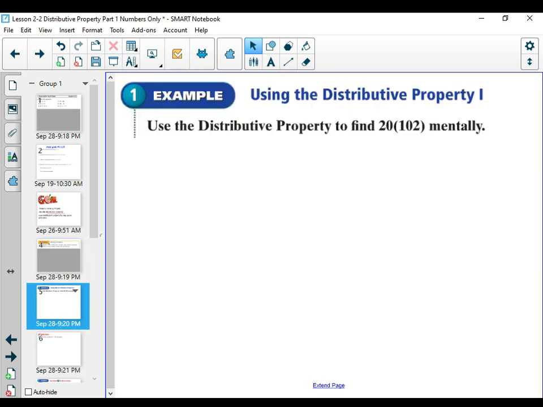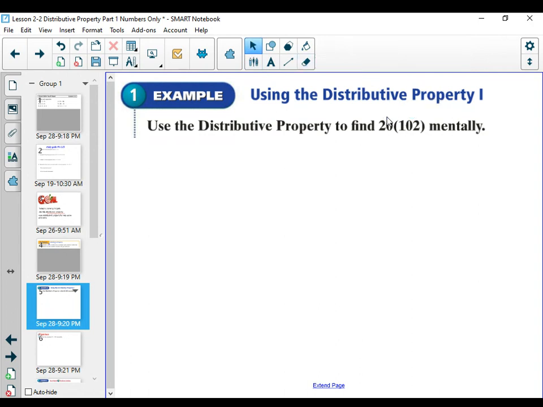Okay, so here's an example of what this could look like. Use the distributive property. Multiply the number on the outside by both numbers. Wait, both numbers means there's 2 on the inside, and right now there's only 1 on the inside.